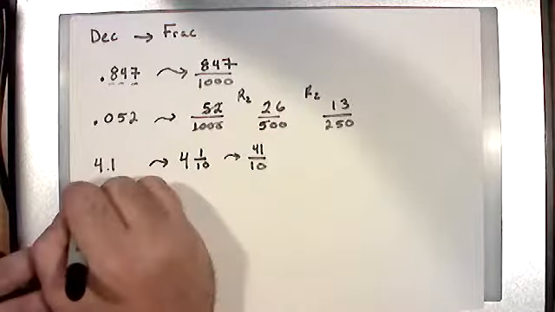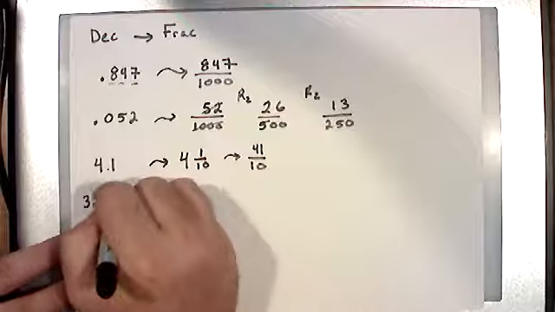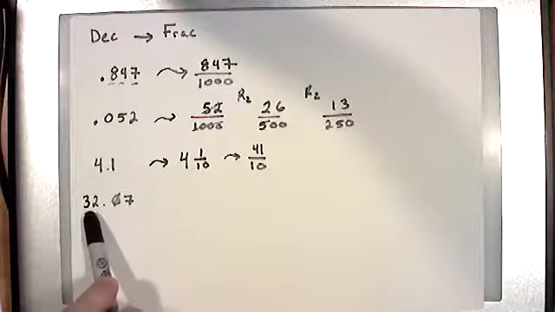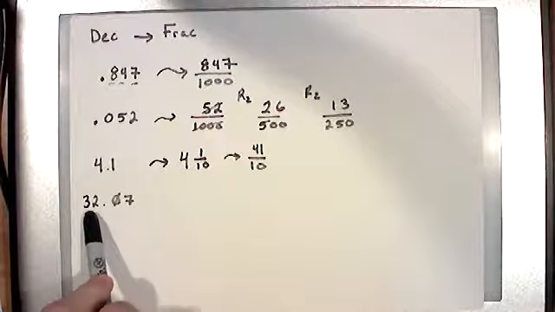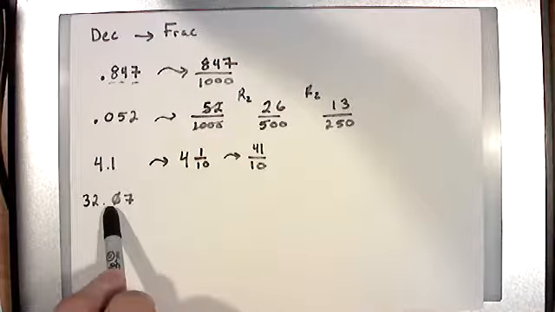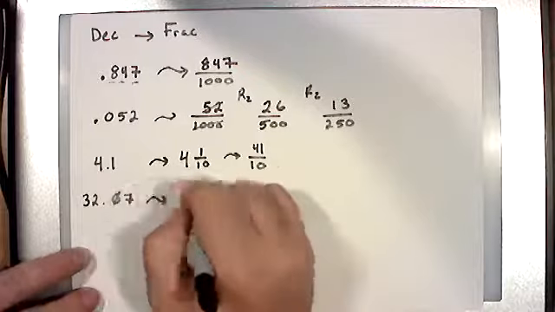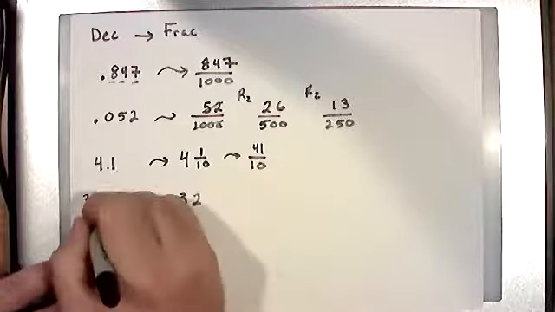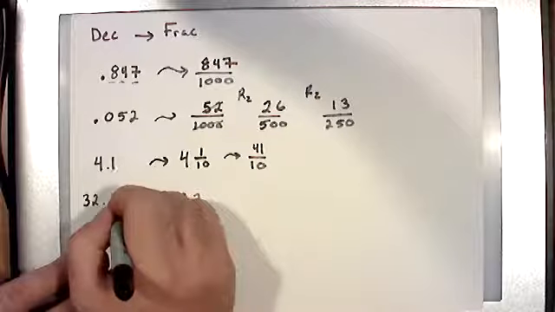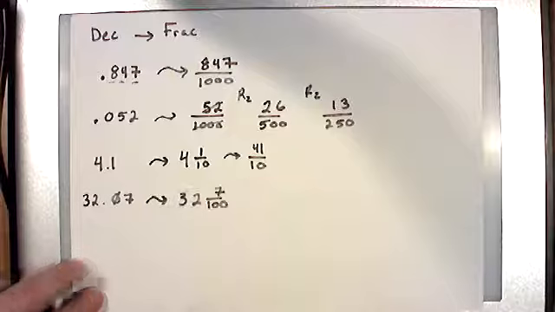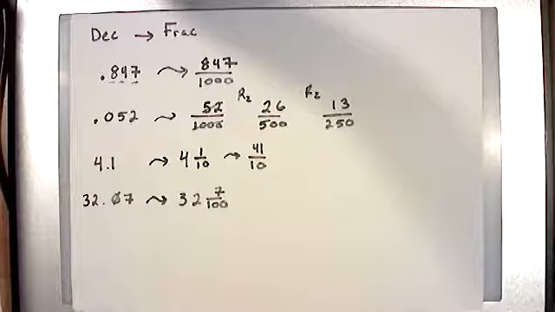If we had something like, let's say, 32.07, all right? Well, that's 32, which is the whole number part. And then here we have 7/100. So the easiest way, in my opinion, to convert this is to say, well, that's 32, there's your whole number, and 7/100. 32 and 7/100.